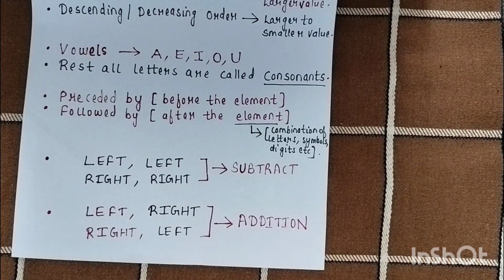Another important tip and trick in alphanumeric series is that in the questions they ask, which of the following element is seventh to the right of the fifth letter from the left end. So this is the question asked. There, left, right, right, left logic happens, so you need to remember one tip and trick here.